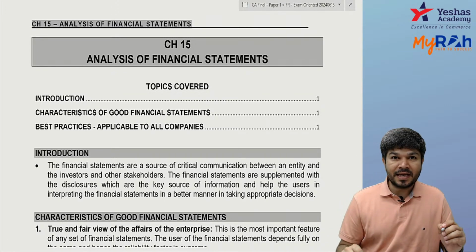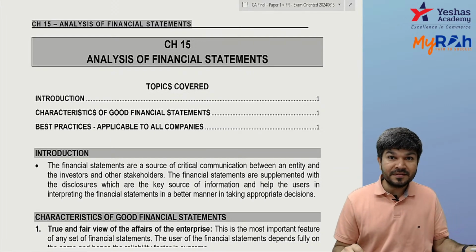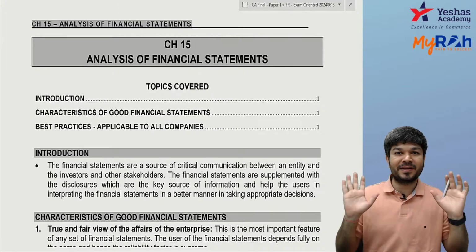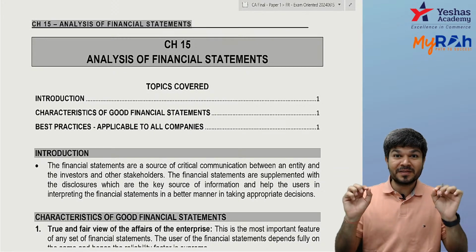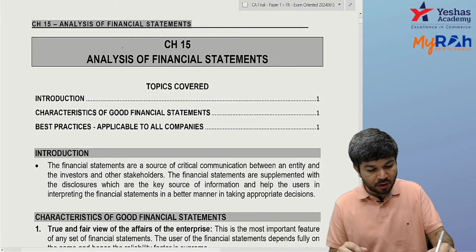Okay, now in this chapter, we'll be having a bit of theory given first of all. And after that, this chapter is nothing but a mixture of your schedule 3 with all your Ind AS together. I repeat, this chapter is a mixture of what? Your schedule 3 plus all the Ind AS together. The name itself says you're analyzing what?